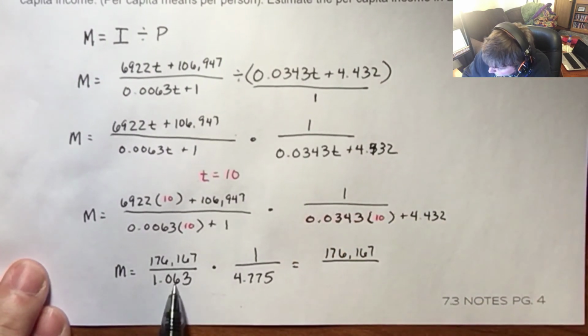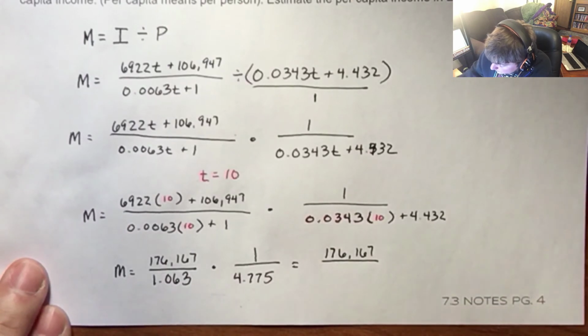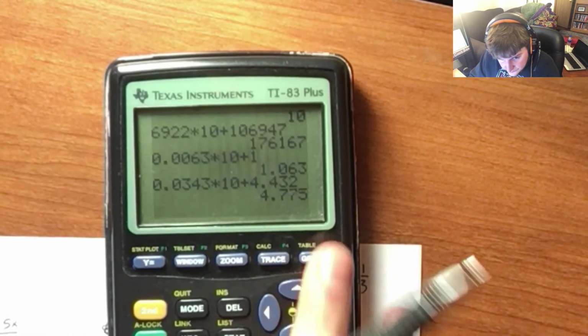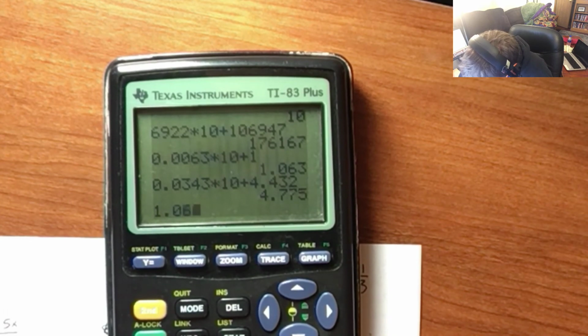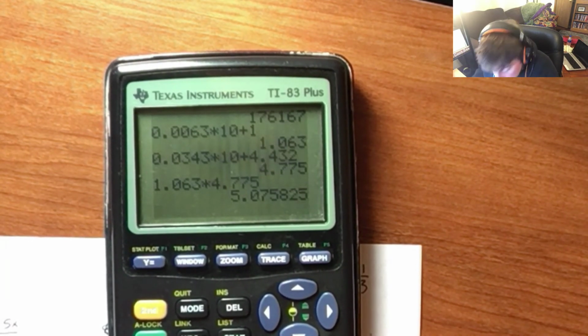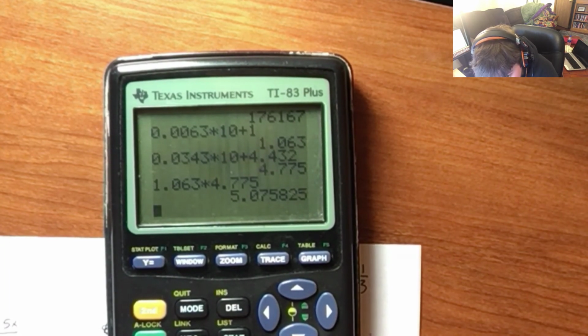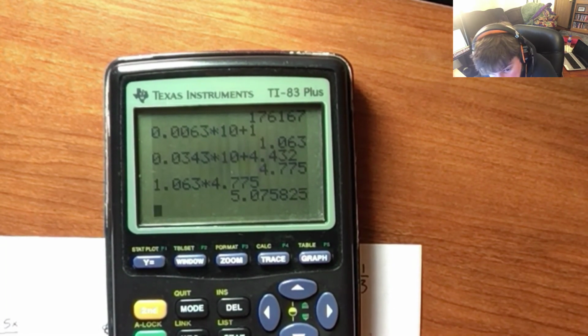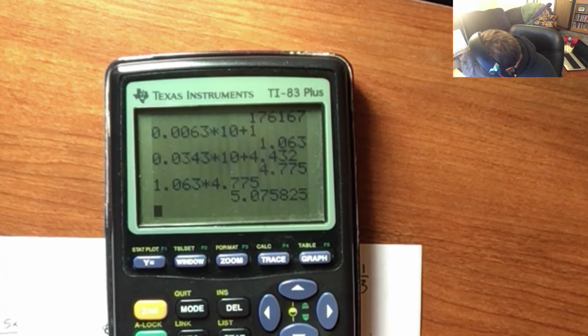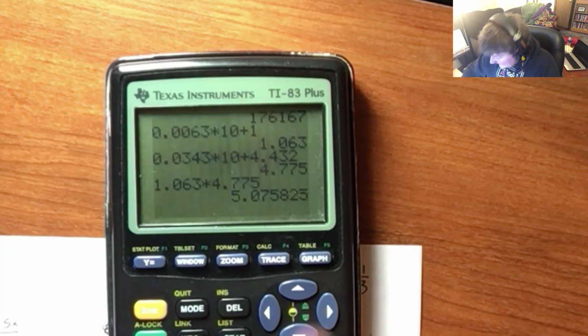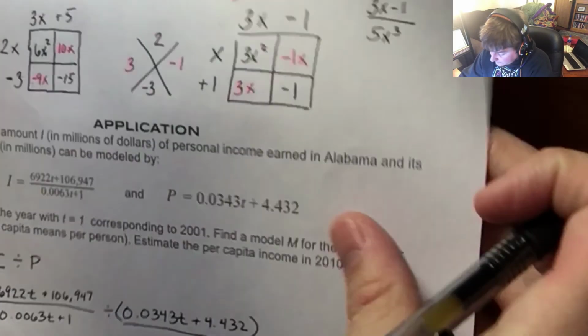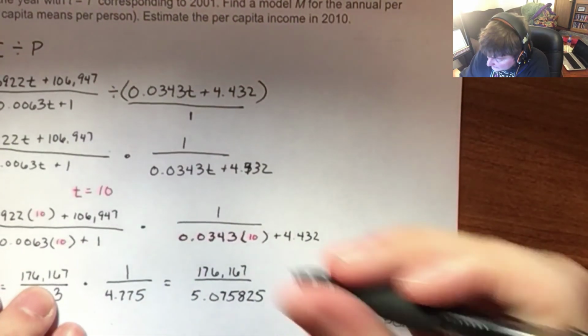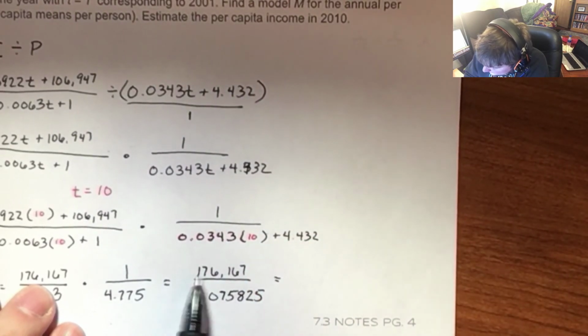And then 1.063 times 4.775. I'm going to write that whole number out so I don't double round. You don't want to round more than one time in a problem, so you never do that in the middle of a problem. And then all I have to do is this top number divided by this bottom number.